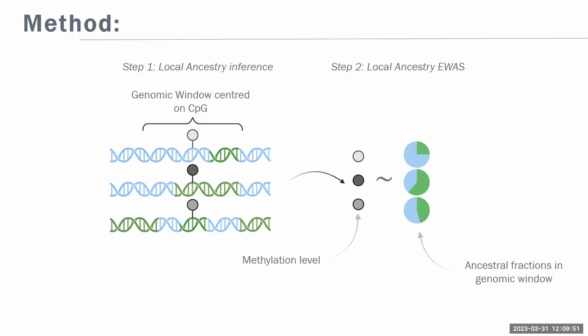Because you've got two chromosomes, you'll have three different values: 0% of one population, or 50% of both populations, or 100% or 0% of the other population. But as you make the window bigger, say extending to chromosome lengths, your proportions start resembling the overall admixture proportions of the population.